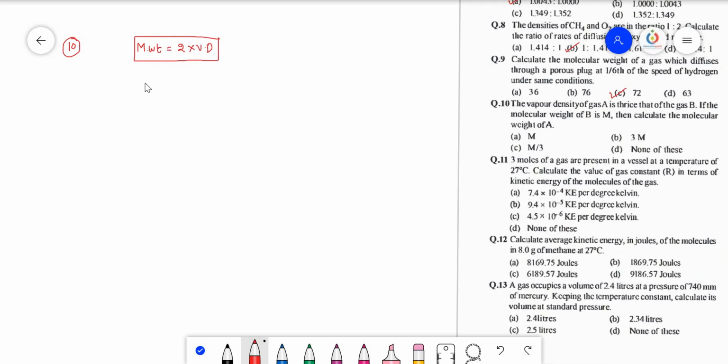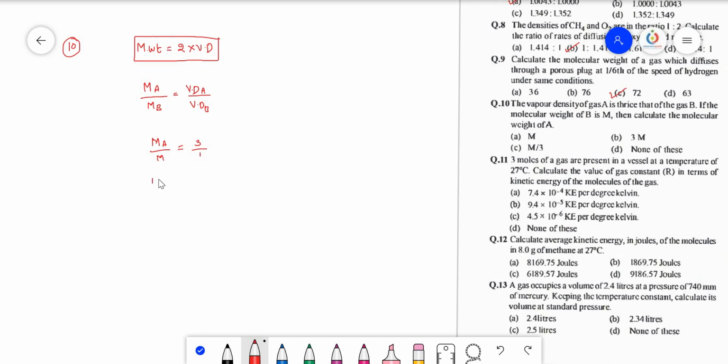So we can write this as molecular mass of A divided by molecular mass of B is equal to vapor density of A divided by the vapor density of B. And they said that vapor density of A is 3 times the vapor density of B, and molecular mass of B is M. So molecular mass of A divided by M is equal to 3 by 1.